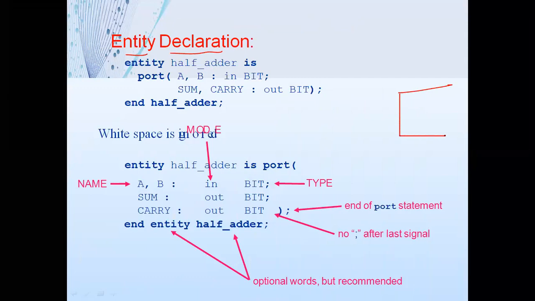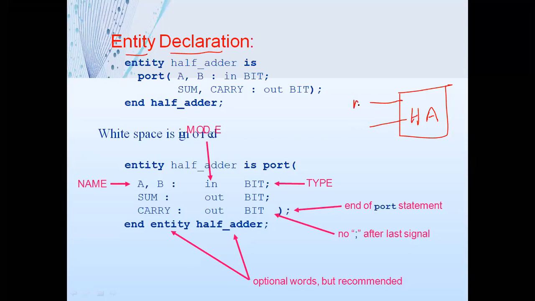A half adder performs addition between 2 binary numbers. Say the 2 binary inputs are A and B, and a half adder has 2 outputs: one is sum and the second is carry.